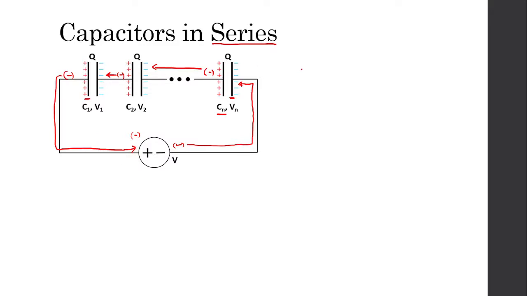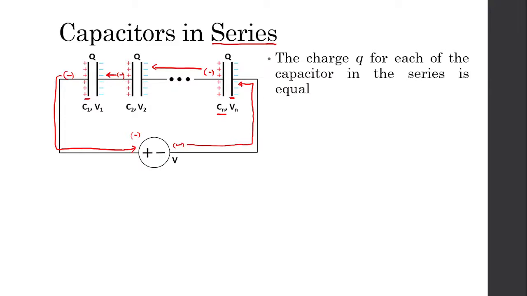And one interesting thing about this, if you notice, because they're basically transferring the same amount of negative charge, all the capacitors in a series have the same charge Q, meaning no matter how many capacitors you have in a series, all their charges are all equal. So the charge Q for each of the capacitors in the series are all equal.